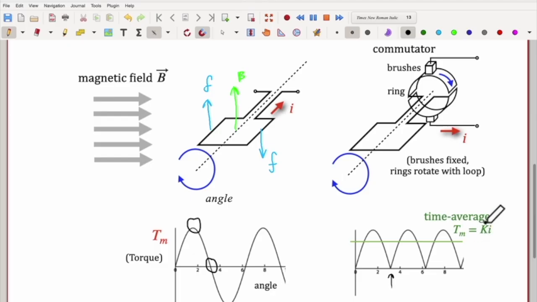But the thing I want to mention about this K now is that this K kind of characterizes the motor. The bigger the motor, the bigger the K, the more turns in the coil here, the bigger the K, that sort of thing. So this kind of characterizes, let's say, the strength of the motor here.